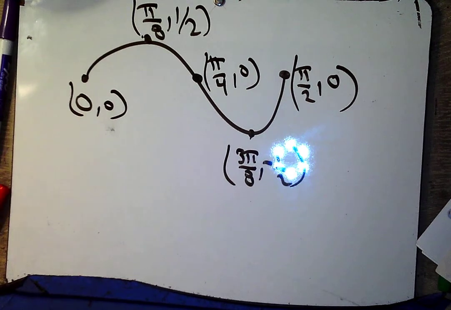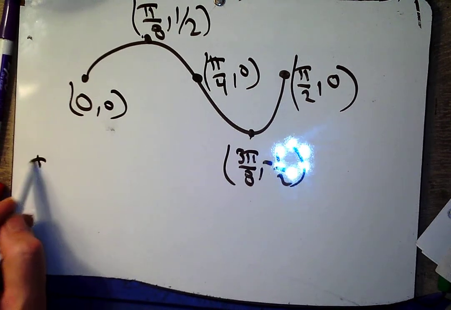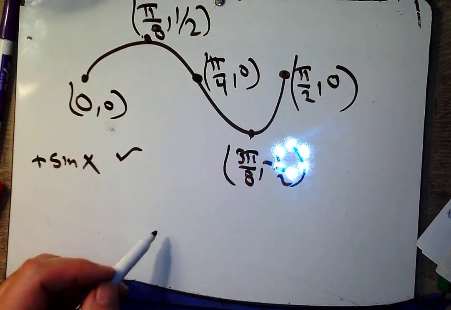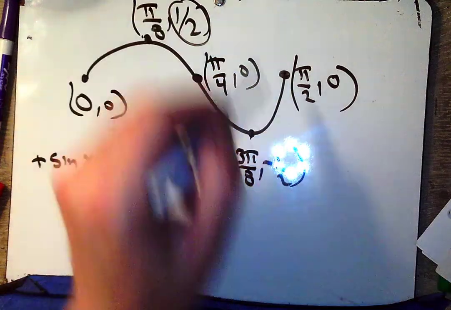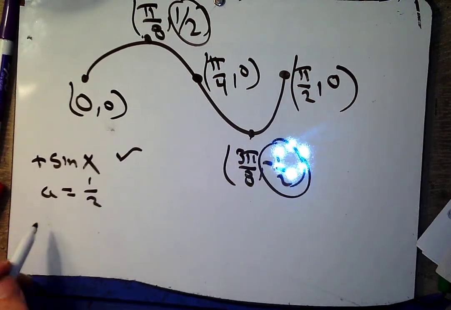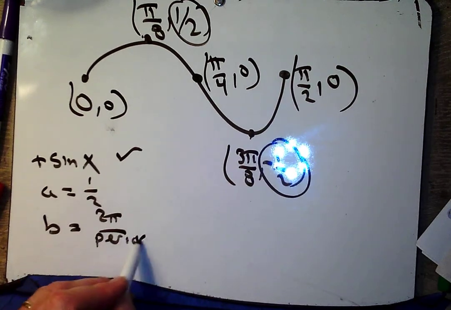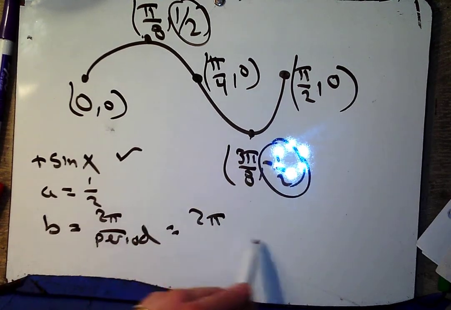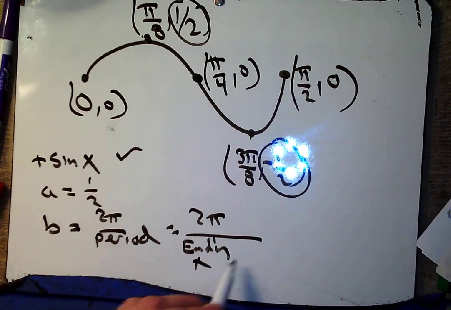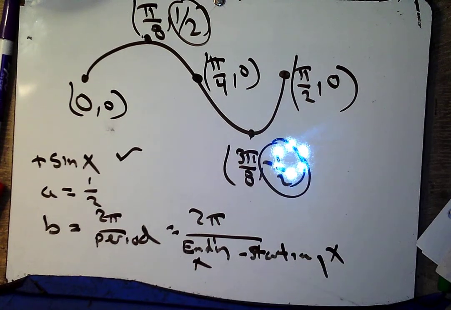Nice. Good. Yes, I like it. So, what function? Positive sine. Next, what's my a value? A equals 1/2. And b, remember, 2 pi over the period. And our period is ending x minus starting x.